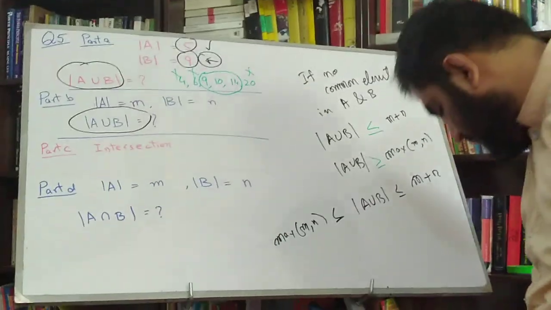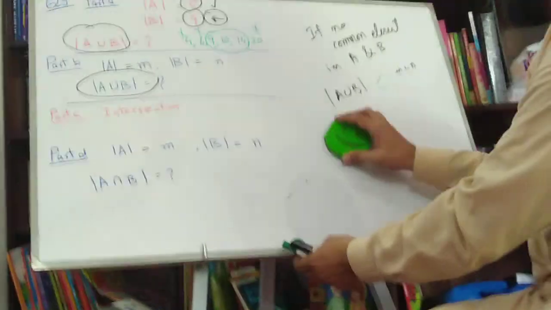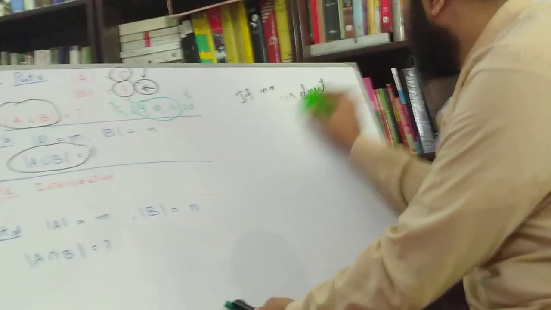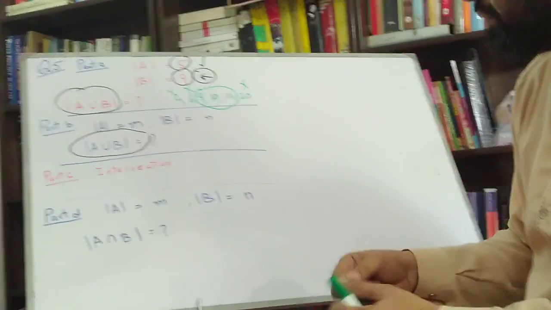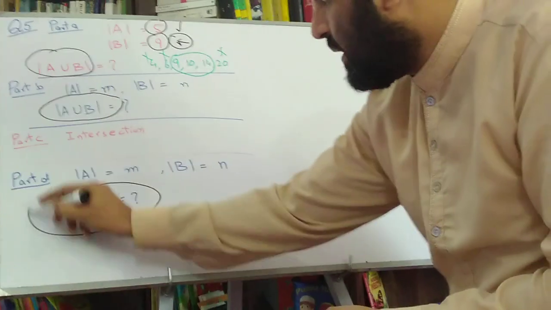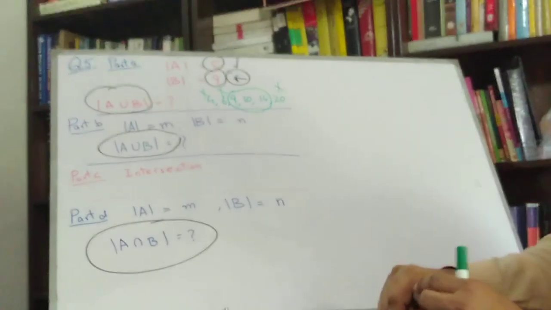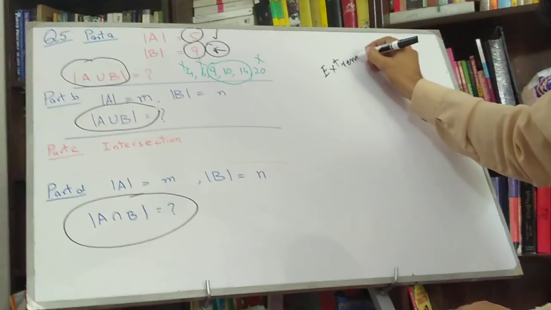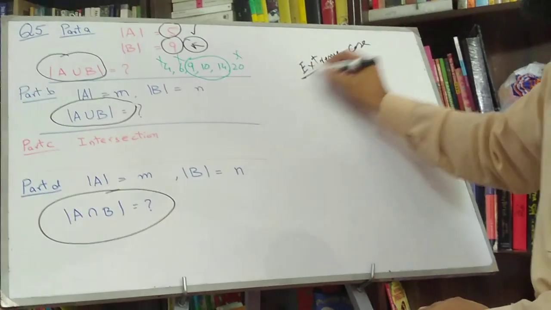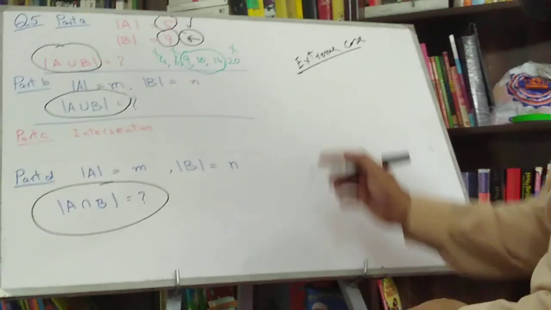Let's move to part D. It's a similar question to the union one, but now instead of union we are talking about intersection. Again we define the range for the cardinality of the intersection, so we look at the extreme cases. One scenario is when they don't have any common element.